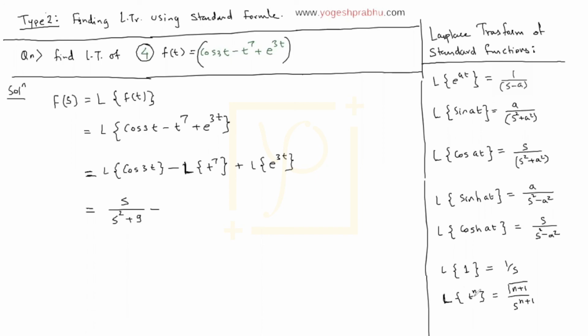Laplace transform of t raised to n is gamma n plus 1 divided by s raised to n plus 1. So this will become gamma 8 divided by s raised to 8, plus Laplace transform of e raised to 3t. So the Laplace transform will become 1 upon s minus 3, and this is your final answer.